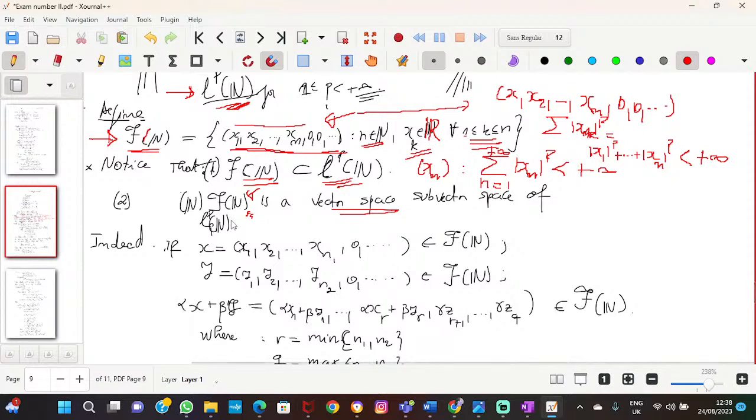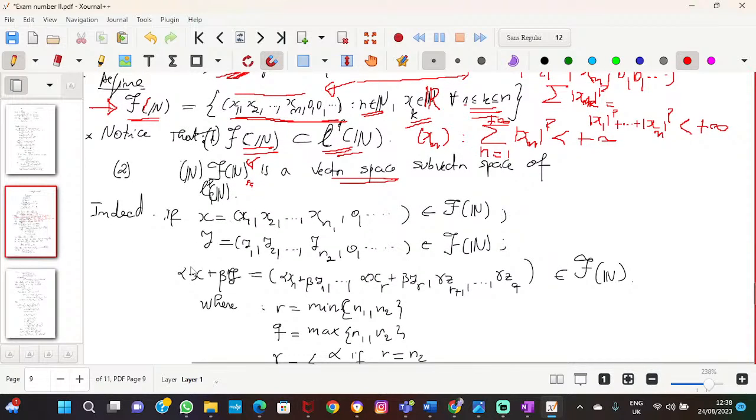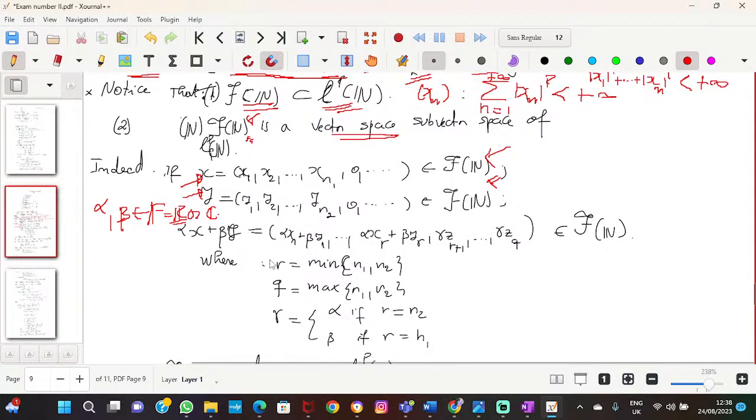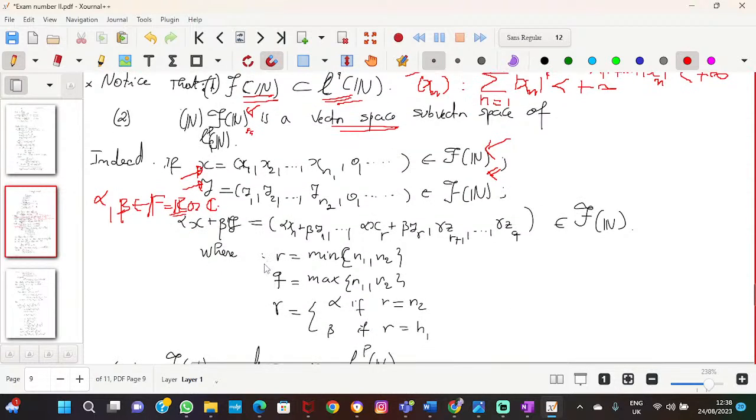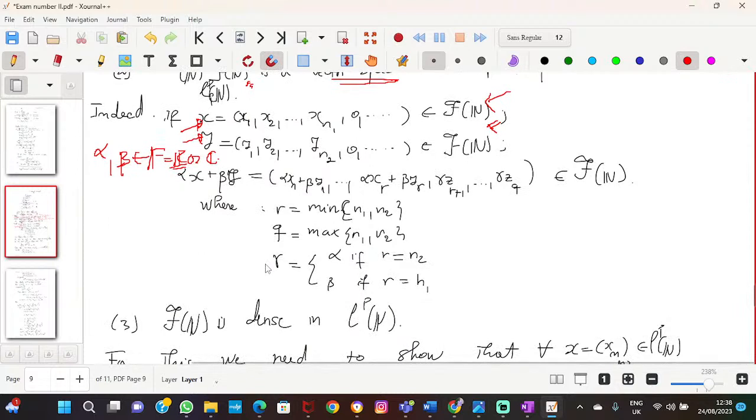So to do it, you only need to show that if you take two elements, x and y, in F1, and you take two numbers, alpha and beta, that can be in R or C, but in our case we only consider R because we don't care about the case of C, it will be like this.